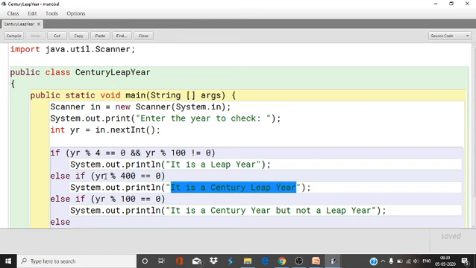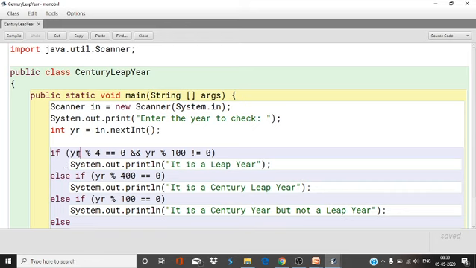If it is divisible by 400, it is a century leap year. And if it is divisible by 100, it is a century year but not a leap year. So simple conditions: if divisible by 4 and not divisible by 100, leap year. Divisible by 400, century leap year, and divisible by 100 only, century year but not a leap year.